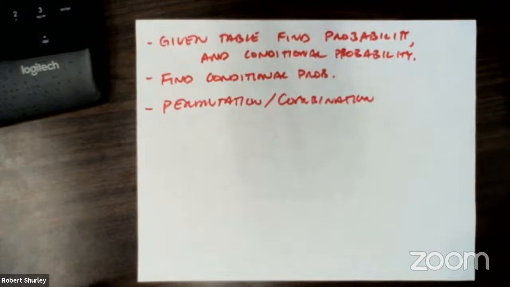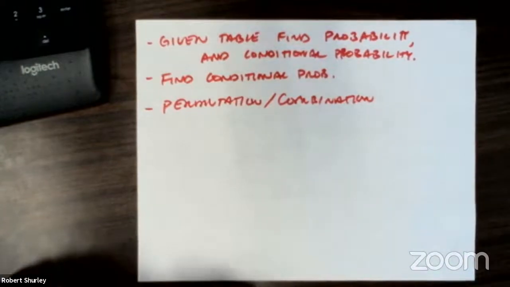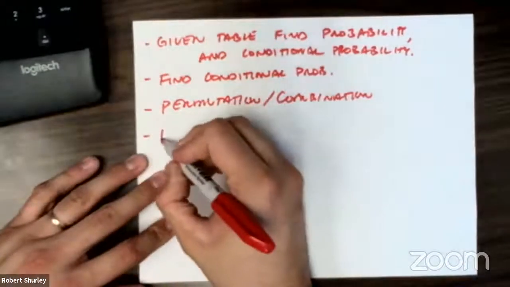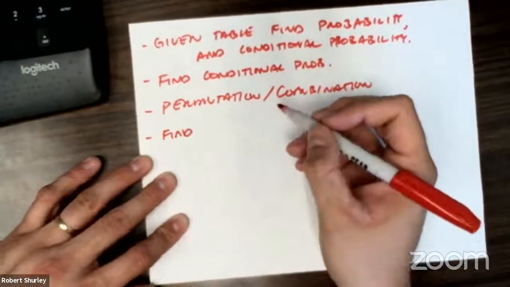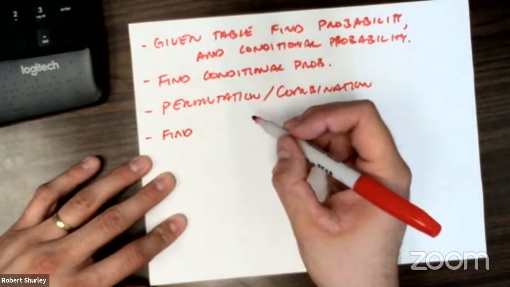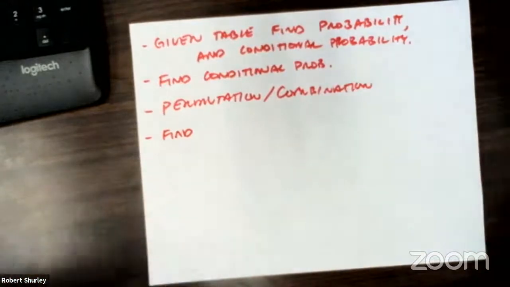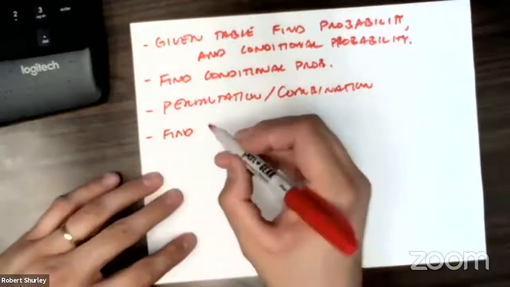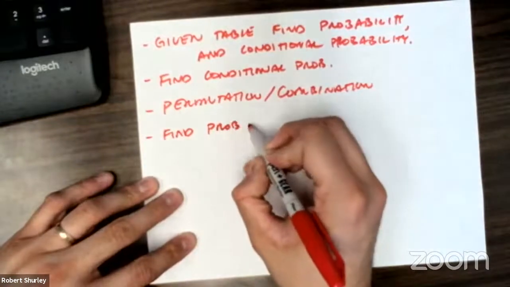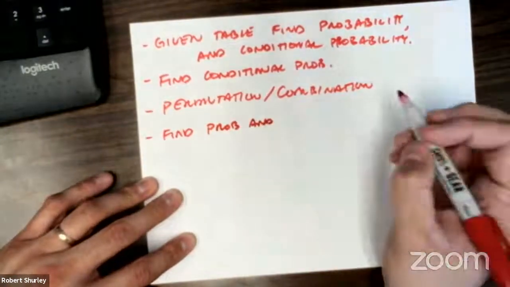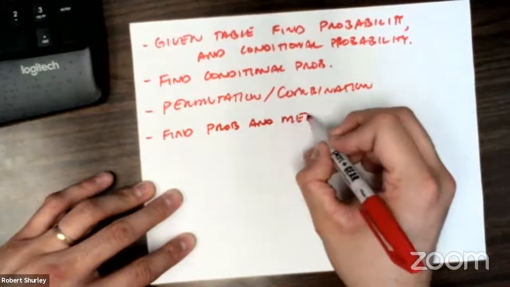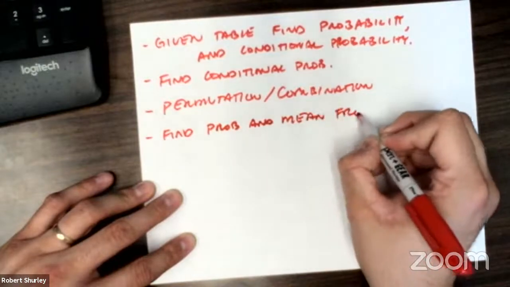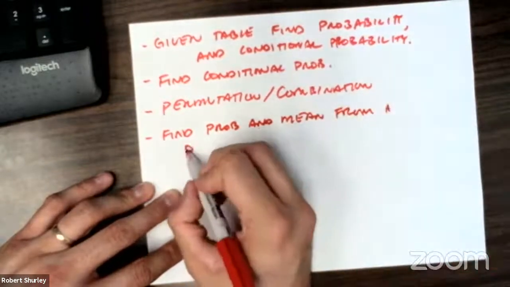And then we got to distributions. Find the probability and mean from a discrete distribution.